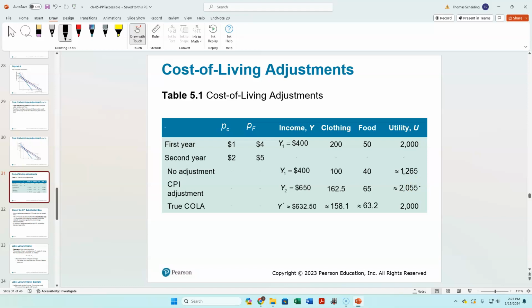So in other words, what I want is a level of increase that keeps me at the same level of utility, rather than one where my income goes up by exactly that amount. So instead of going up to 650, the weighted percentages of these price increases mean I would only need to go to 632.50 to keep me at the same level of utility.